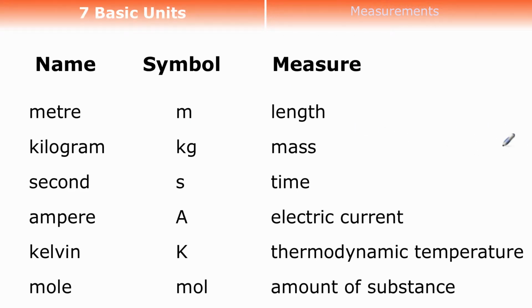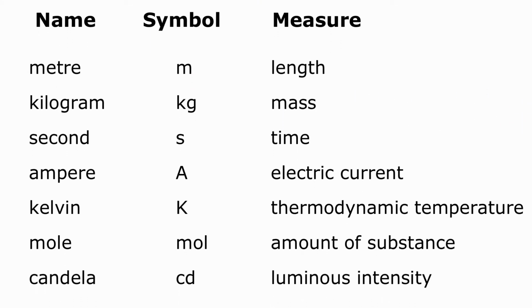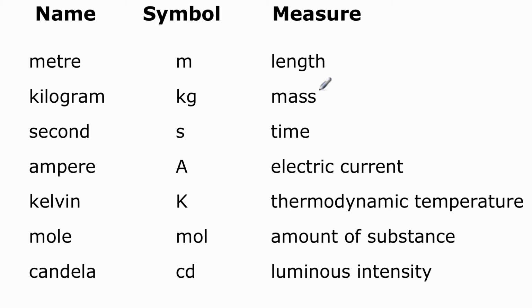If we are measuring these types of measurements, these are the units that we use. If we're measuring length, we use a meter, and the symbol is an M. If we are measuring how much something weighs, or the mass of something, we typically measure kilograms. We can measure grams, but kilograms is the standard unit that we'll use.